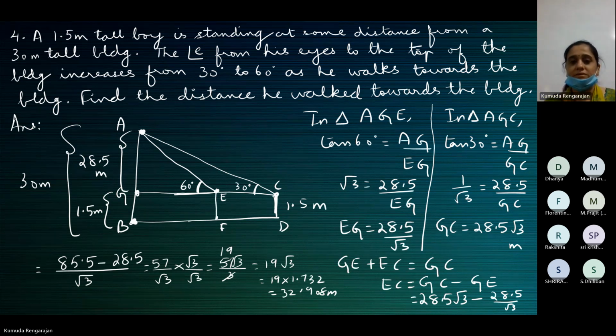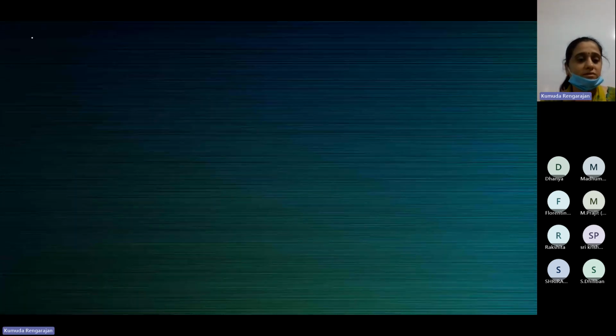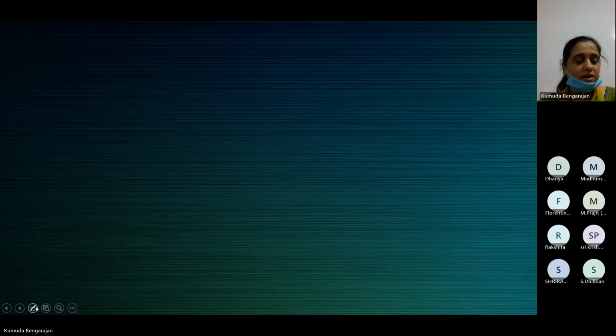So here, see it. If you have calculated like this, what was that? EC. EC is equal to 28.5 root 3 minus 28.5 divided by root 3. So you can take out, correct, what I've written is right. 28.5 common. It can also be calculated like this.